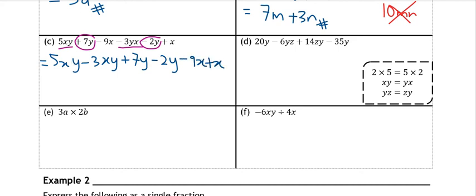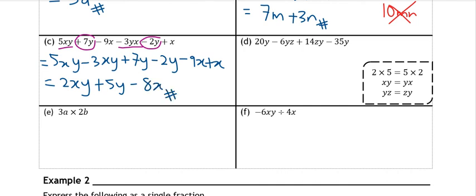We are rearranging them back, so this will be easy to solve. So here 5xy minus 3xy will be 2xy, and then plus 7y minus 2y, 7 minus 2 will be 5y, and then negative 9x plus x means 1x, so negative 9 plus 1 will be negative 8x.